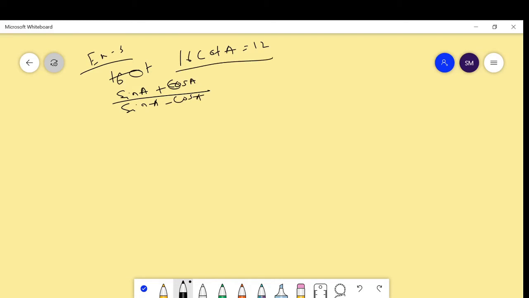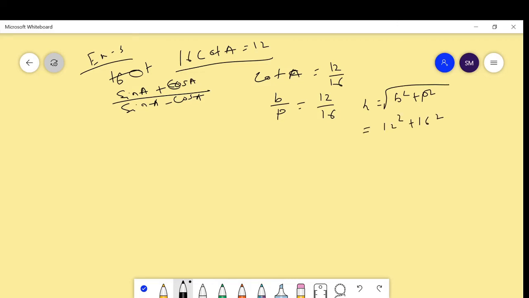Here this cot A is equal to 12 upon 16. Cot A is equal to base upon perpendicular. B upon P is equal to 12 upon 16. Then H is equal to square root of B square plus P square, which is equal to square root of 12 square plus 16 square.